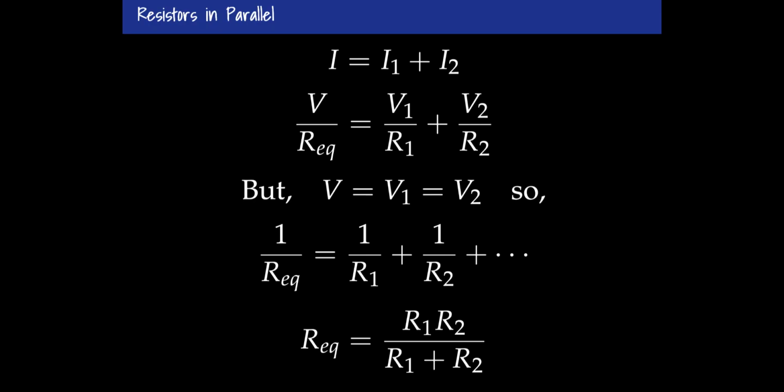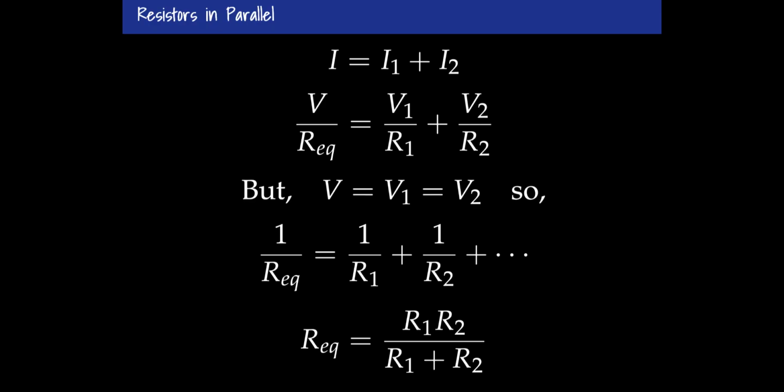This is a more complicated equation, and it has a particular feature. When you calculate the equivalent resistance of resistors in parallel, the resulting equivalent resistance is always less than either R1 or R2. Adding resistors in parallel reduces the resistance of the circuit.